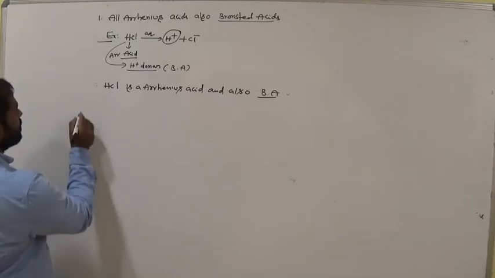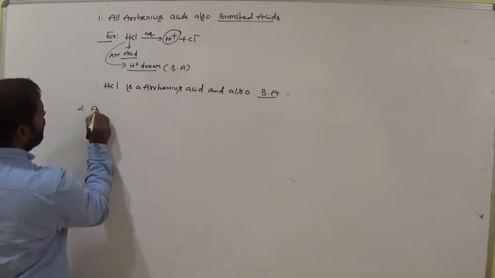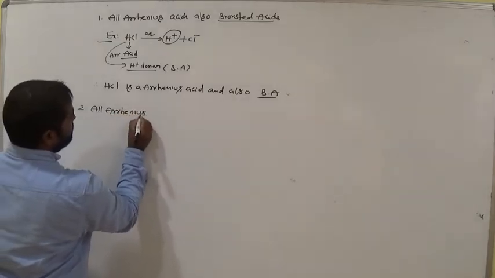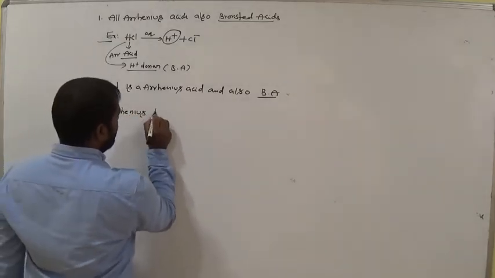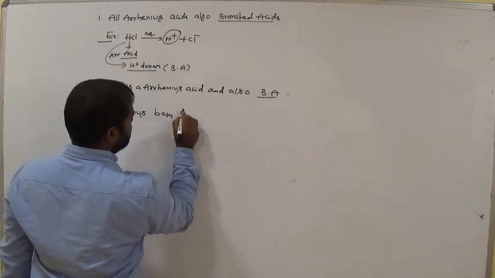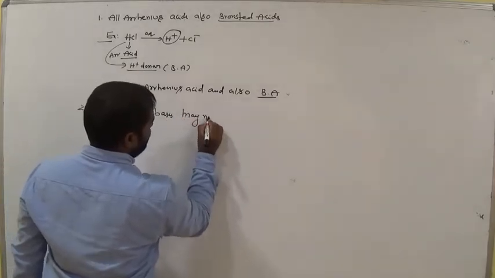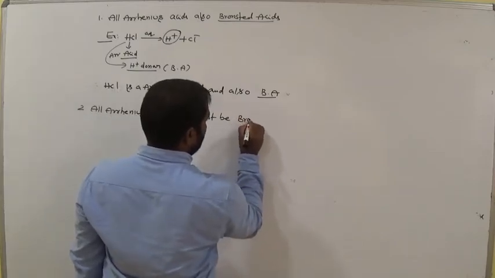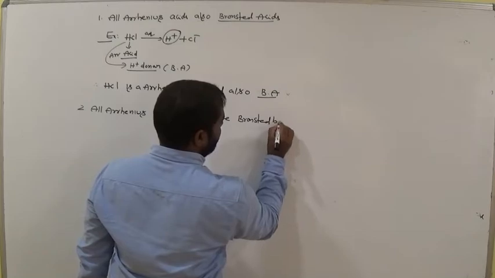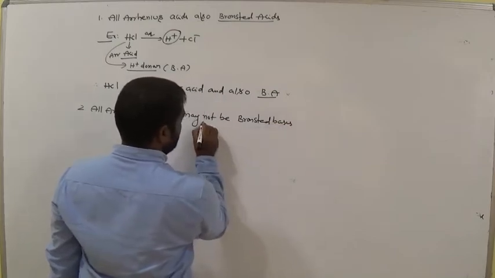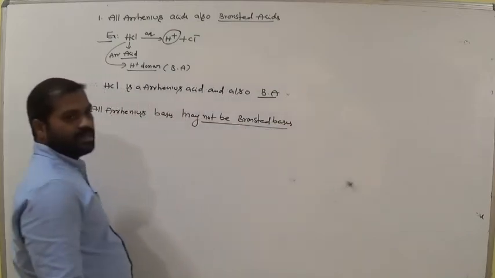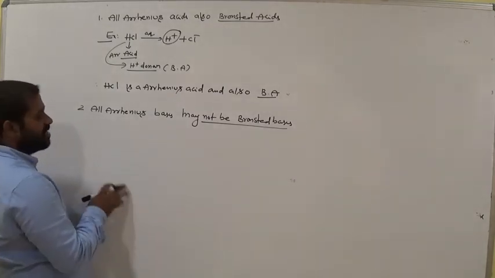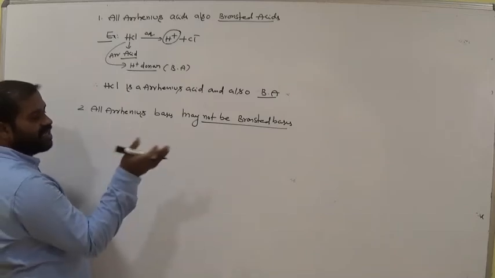And the next point: all Arrhenius bases may not be Bronsted bases, meaning an Arrhenius base need not be a Bronsted base.